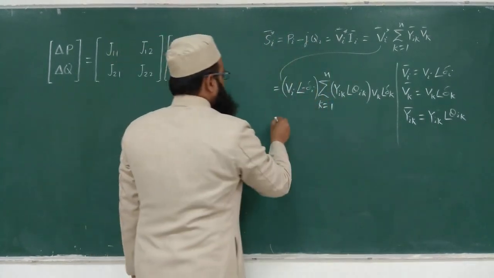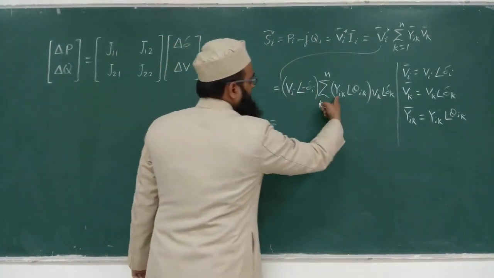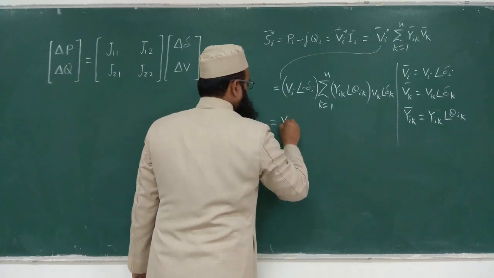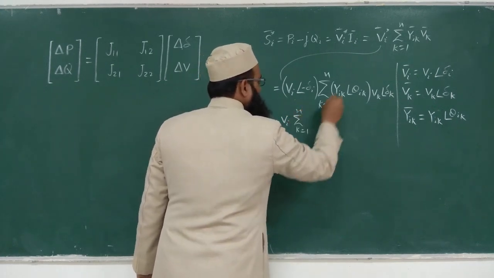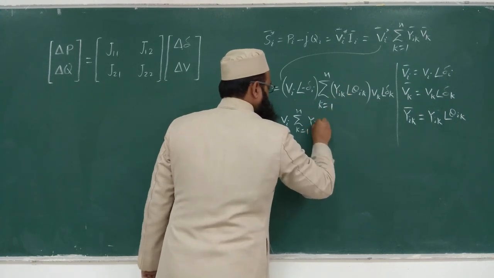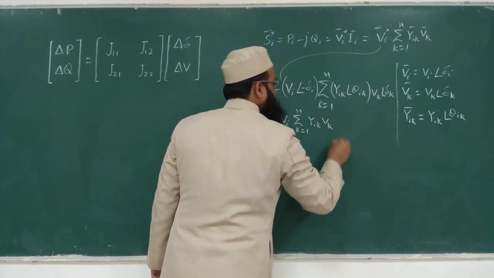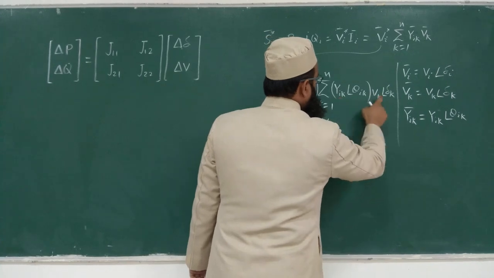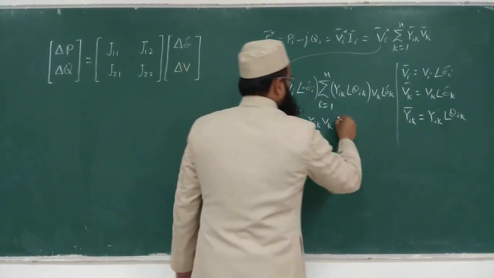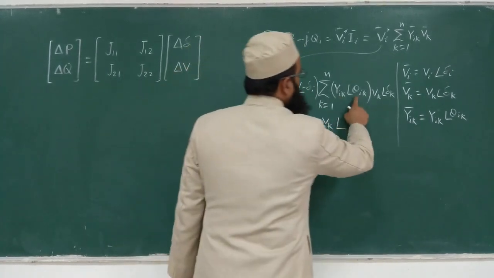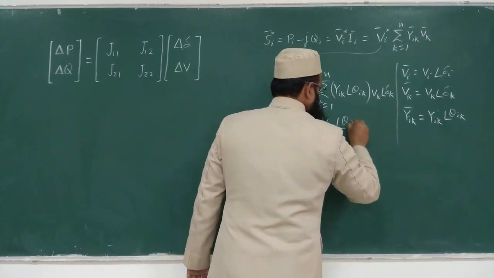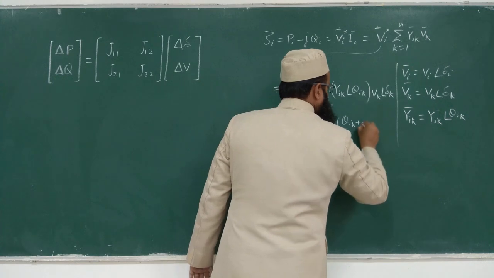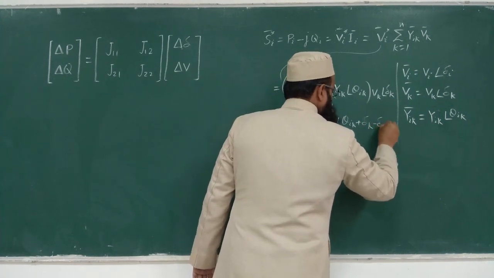So taking all magnitudes together, we may write Vi, summation k equal to 1 to n, magnitude Yik, Vk, all magnitudes together and angles together. So angles are theta ik plus delta k minus delta i.